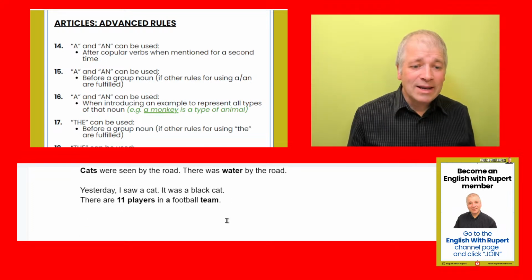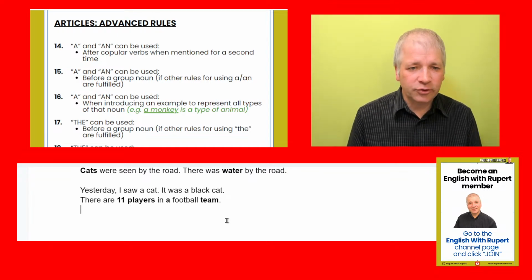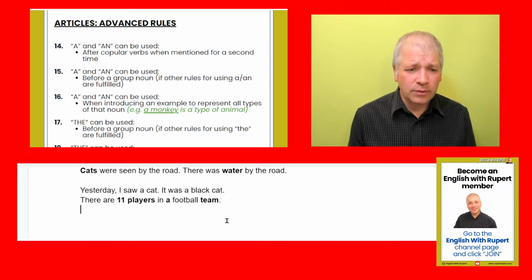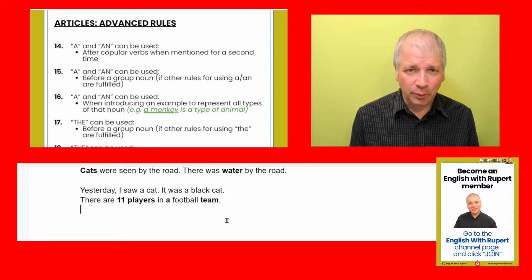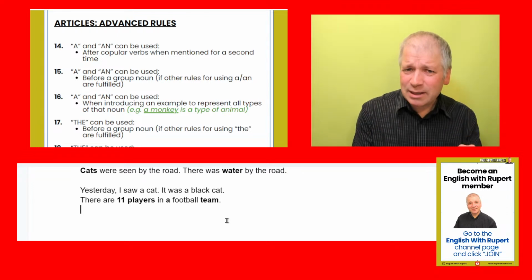16. When introducing, and I hope, Miranda, this might start to answer your question, when introducing an example to represent all types of that noun, then we can use a or an. So the example here is, a monkey is a type of animal. So here, a monkey, we're not really focusing on monkey itself.